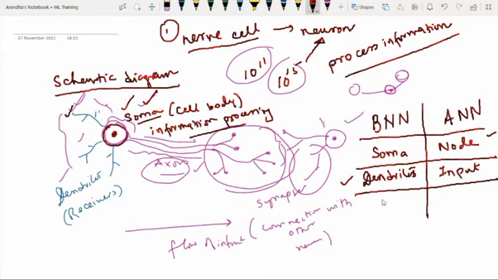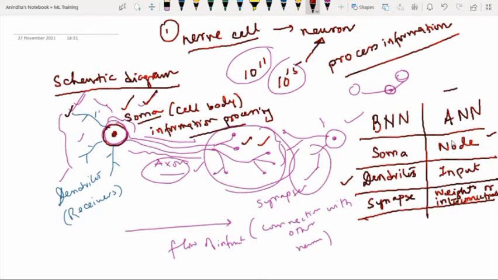Now we have the concept of synapse. So what is the synapse here? Here in the artificial neural network, synapse will act as weights, or you can say it will act as interconnections. So the concept of synapse we have to enforce in artificial neural network in terms of weights.